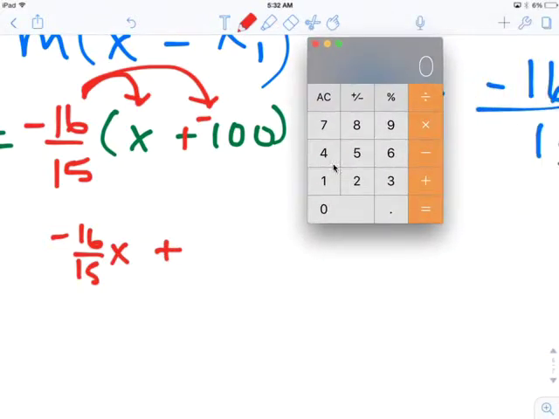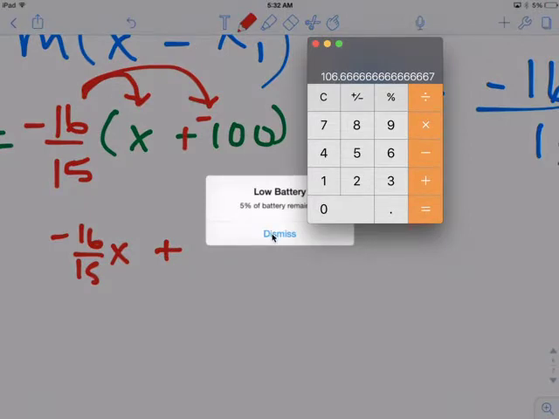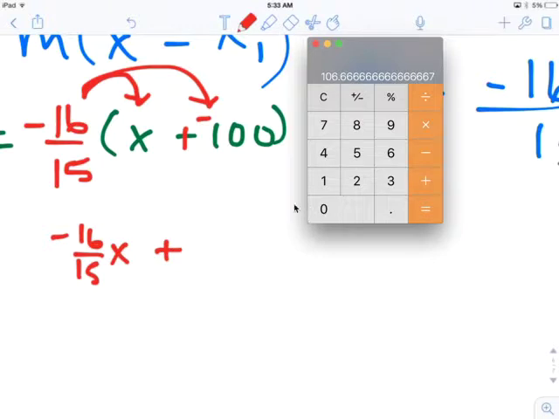You do negative 16 divided by 15 times negative 100, which is 106 2/3.